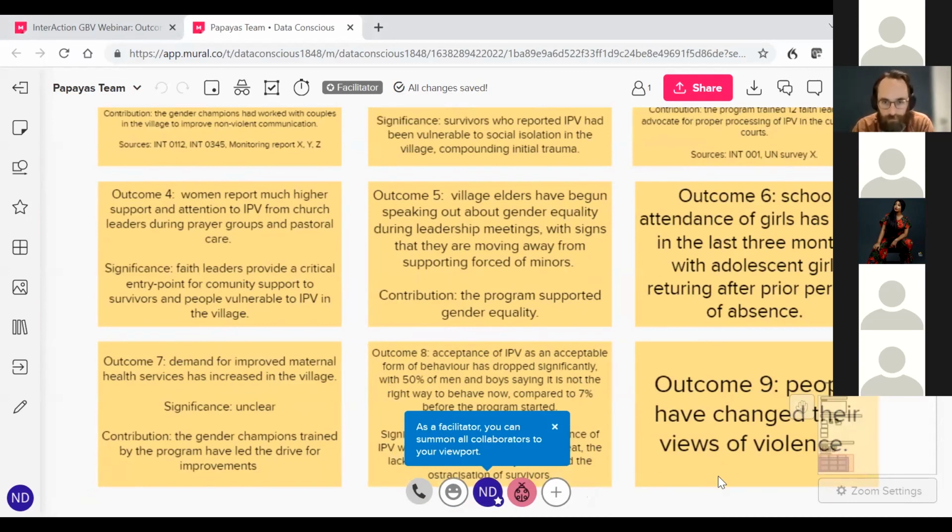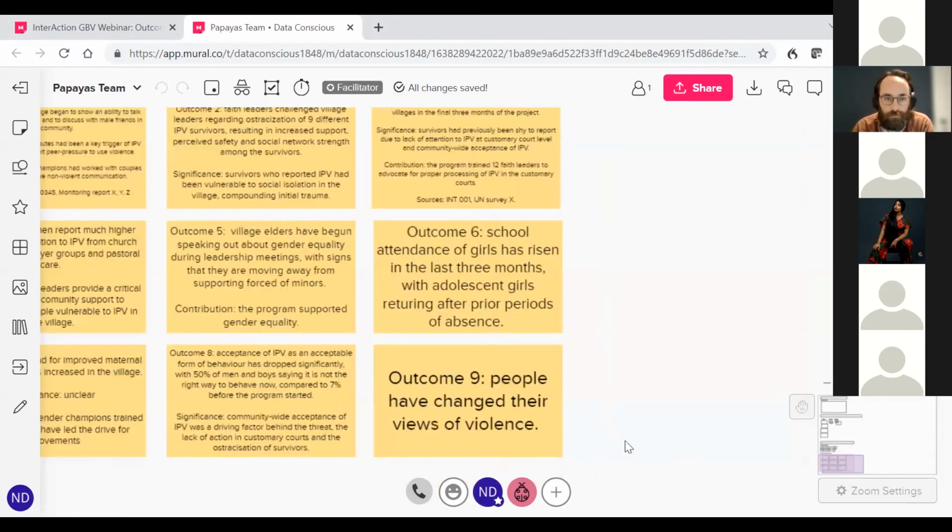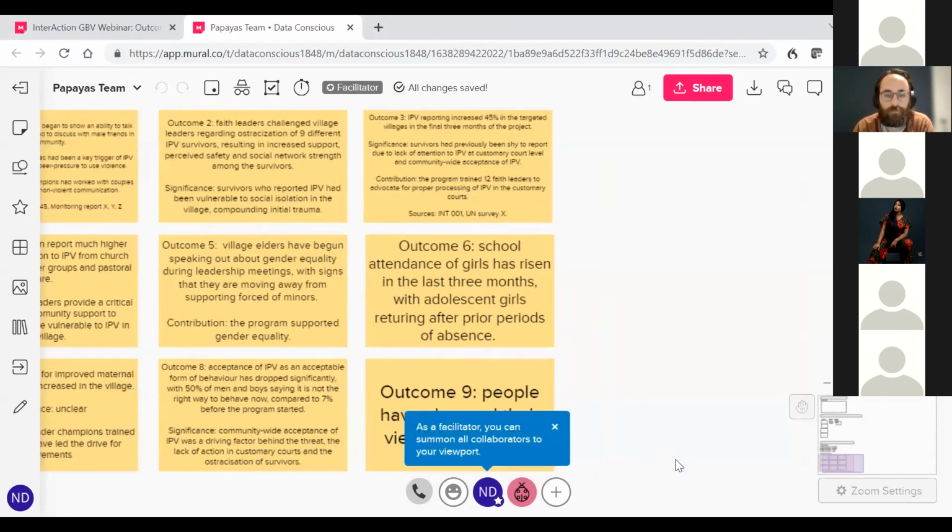And for 6 it was kind of broad, saying school attendance of girls has risen in the last 3 months. So it didn't have everything that we needed to make the real outcome.